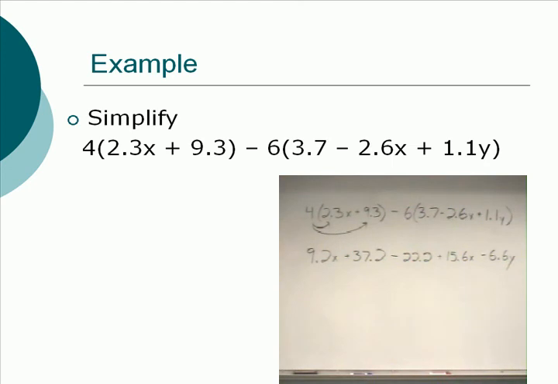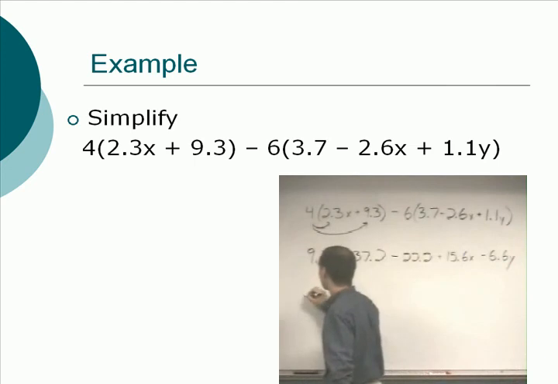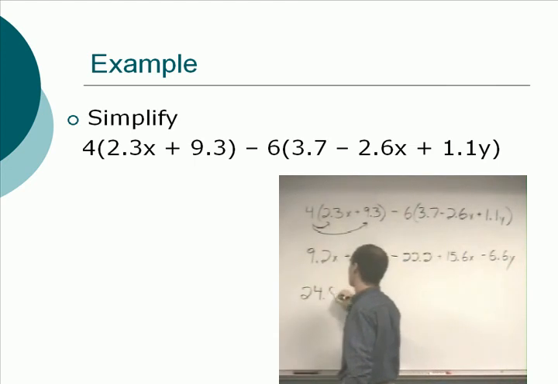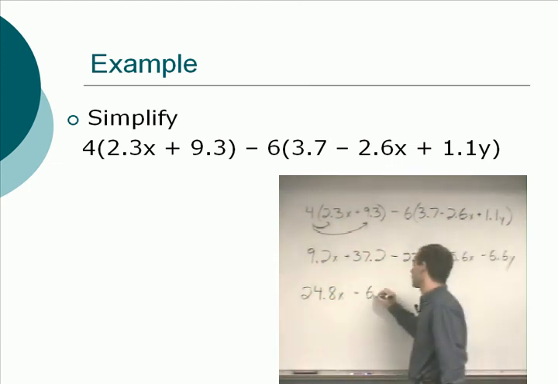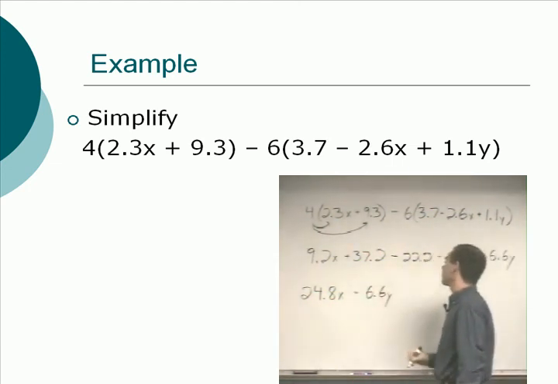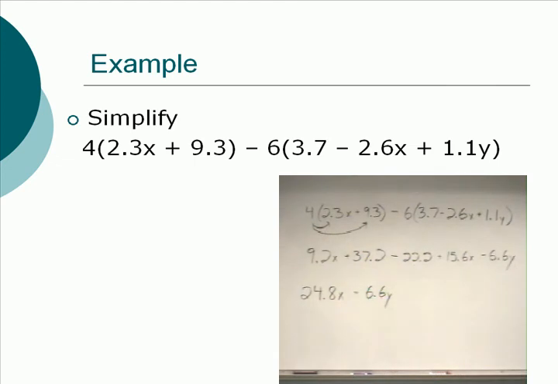So we'll start out with the x's. 9.2x plus 15.6x leaves us with 24.8x. Y's. There's only one. Minus 6.6y. And finally, on the end, we got 37.2 minus 22.2.